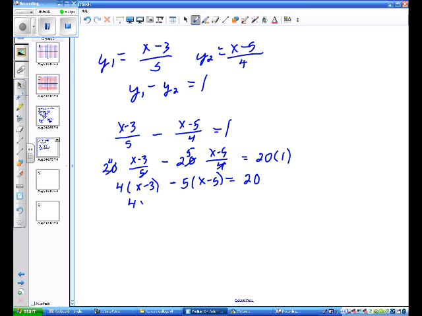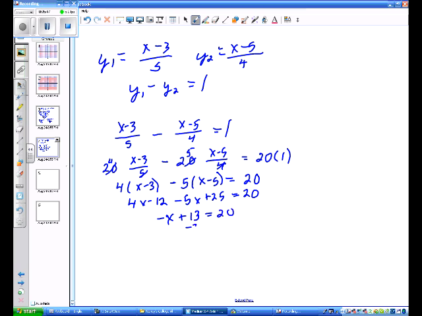Removing our parentheses, 4x minus 12. Then we have a negative 5x plus 25 is equal to 20. 4x minus 5x would be negative x, and negative 12 plus 25 would be positive 13.